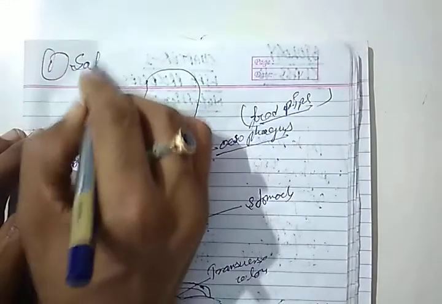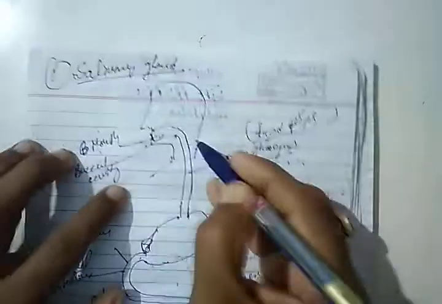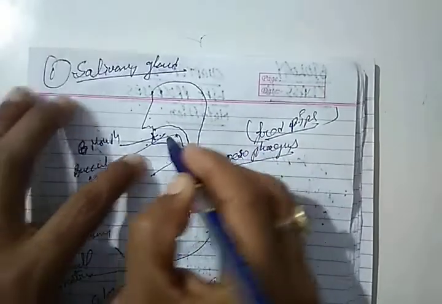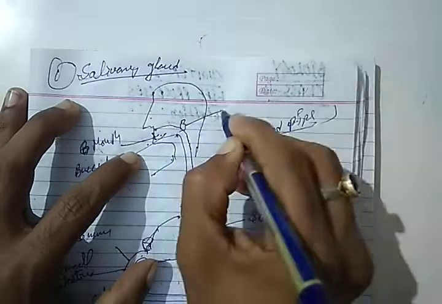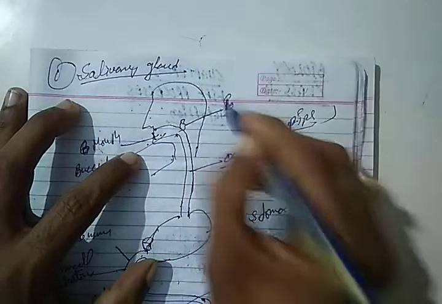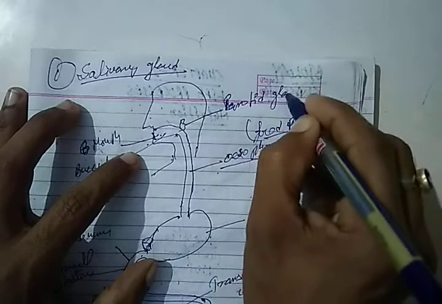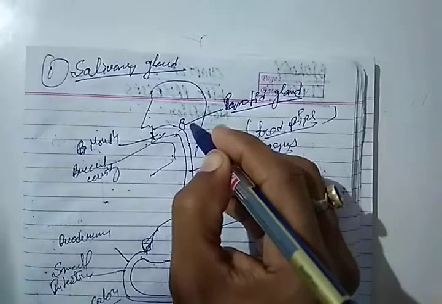Number 1, salivary glands. The salivary glands are present in our mouth. There are 3 types of salivary glands. First is the parotid, it is situated near our ear.